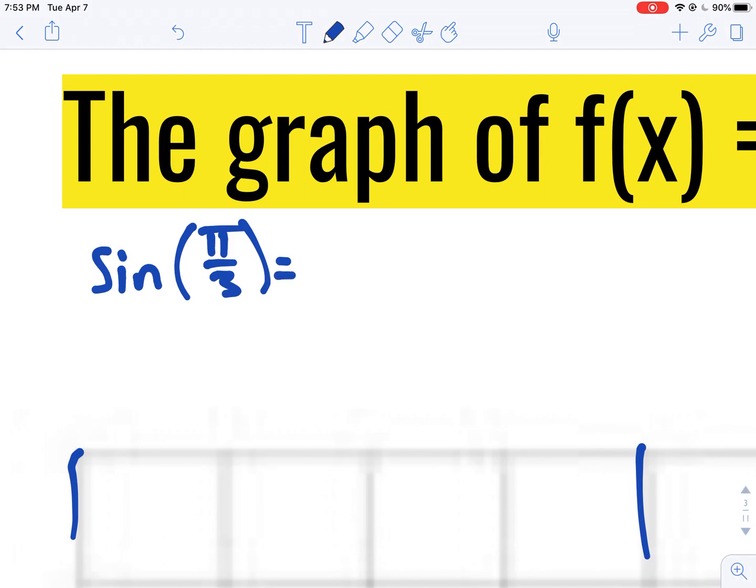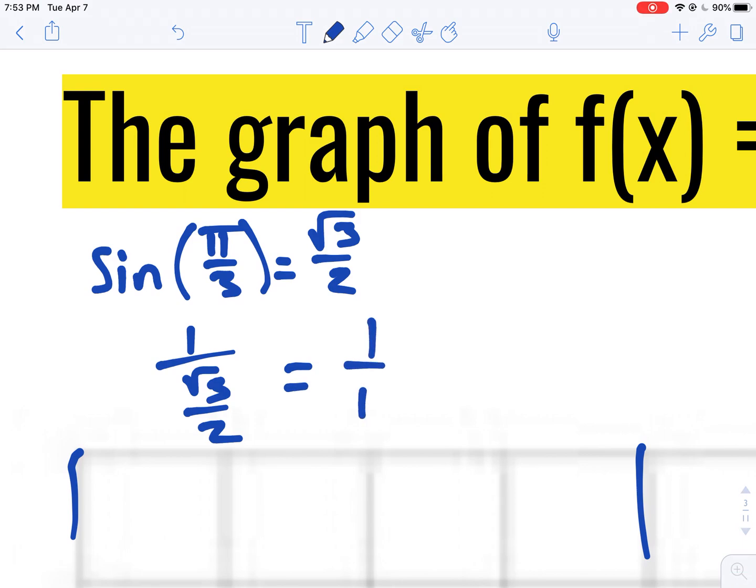Well, that is root 3 over 2. And then that would mean that 1 over root 3 over 2 is equal to 1 over 1 times 2 over root 3. You can plug this in on your calculator, or we could rationalize this again, and you would see the fact that this value is still greater than 1.